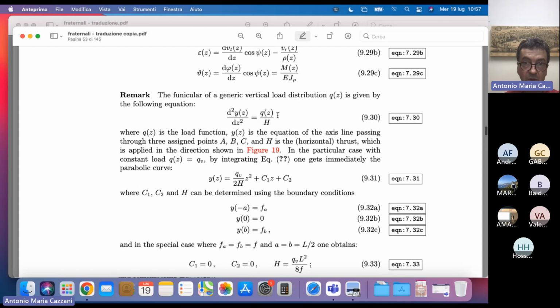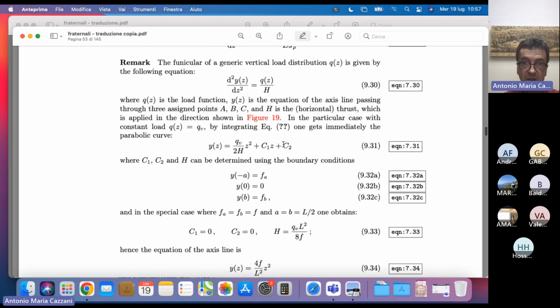And so if we know how this Q of z is given, we can see that the general solution can be given this shape.